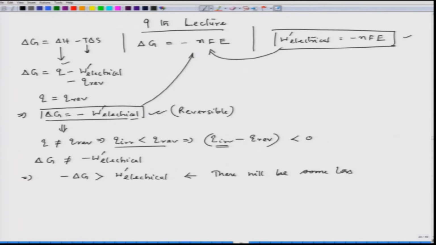Now, once we see this, we can also derive some useful relations in order to know some of the thermodynamic parameters. Like for any reaction, as in our situation, copper plus plus plus zinc equal to zinc plus plus plus copper, which is the reaction that takes place in the galvanic cell.